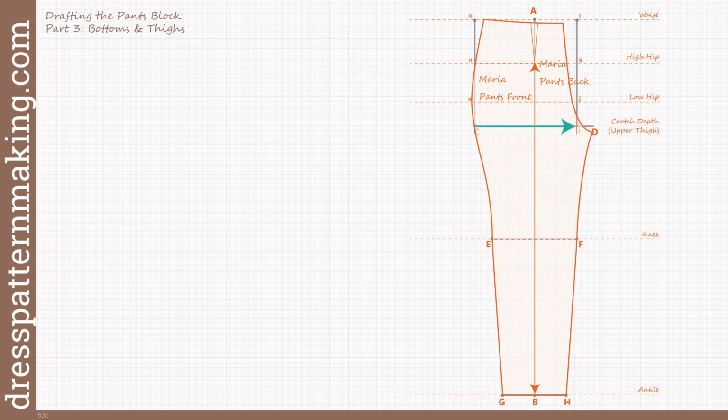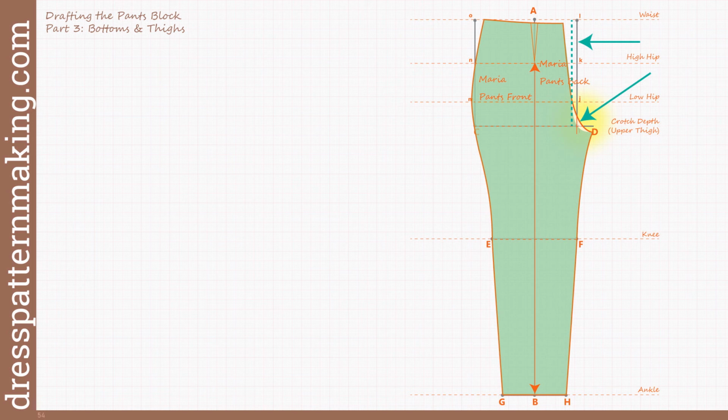So obviously then if I use the smaller measurement, my low hip measurement from C to I, then it will start to turn in too soon and I will get that strain and pulling across my thigh. So therefore I need to plot C to I to reflect what my actual body width is there at that point before the fabric turns and goes between my legs. So the orange outline is what I want, what will suit my body. The green shading is what I'd get if I used my lower hip up above for the width of my foundation.